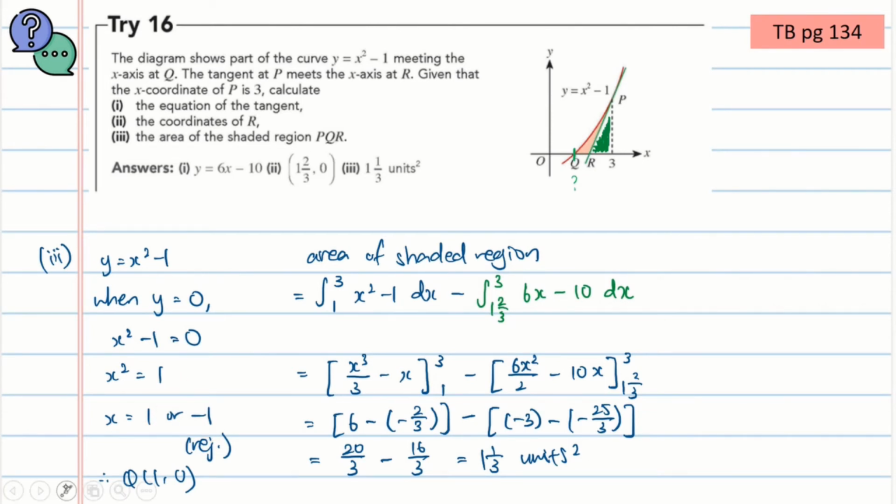Due to the diagram that we are shown, Q is definitely found on the positive x-axis. So therefore, the x-coordinate of Q will have to be positive in value, and that is the reason why we reject negative 1. So Q is actually (1, 0). Okay, so the x-coordinate of Q is 1.